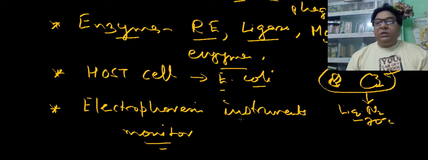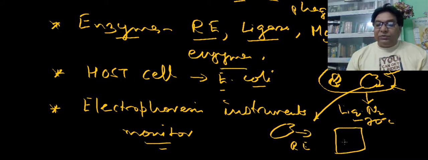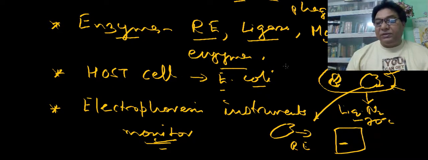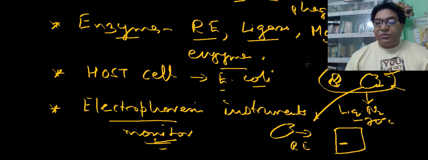Just to monitor that the recombinant DNA has been synthesized and transferred to a host cell, you can take out this DNA and check by making the same restriction digestion, and then run it on a gel to see whether the same band is being formed or not. So to verify or monitor all these changes that you are going to make during recombinant DNA technology, you need an electrophoresis instrument also.